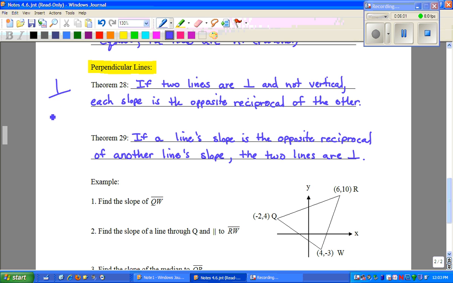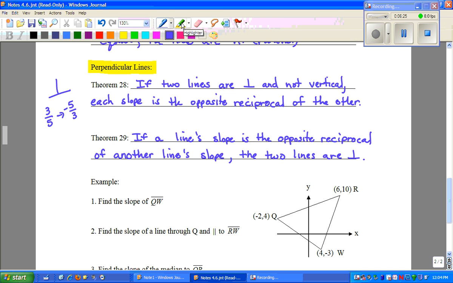What do I mean? If one slope was, let's say, 3/5, the opposite reciprocal would be -5/3. Reciprocal means you flip the numerator and the denominator, and opposite means if it was positive it becomes negative, and if it was negative it becomes positive.